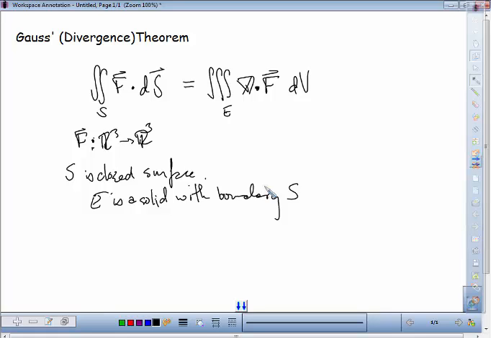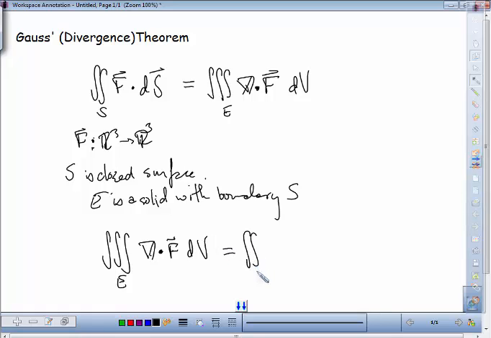So sometimes this is rewritten as the triple integral over E of the div of F dV is equal to the flux integral over, now instead of saying S, I would just slightly change the notation to the boundary of E, which is a closed surface S, of the original vector field, and it's a flux.